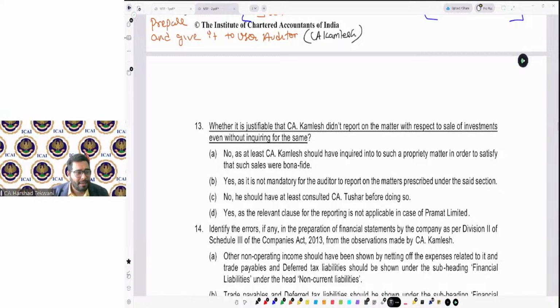In the current case, there was a sale of investment at a price lower than the market value. Now you need to answer whether the matter with respect to the sale of investment is not reported, even without inquiring for the same.